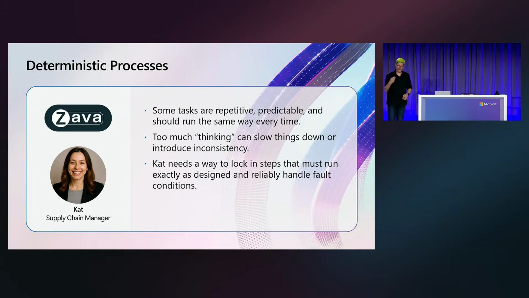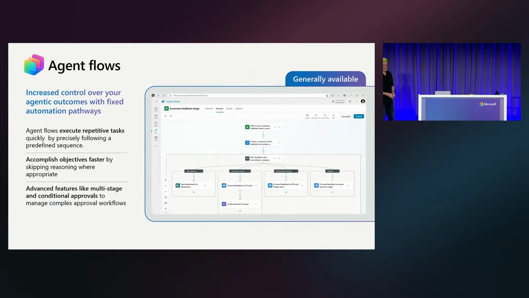Now, the other thing is that AI is great. It's very, very useful for doing non-deterministic logic. But sometimes there are things that you just want to have happen in a specific way. The same inputs create the same outputs. And that's where deterministic processes are. And these are agent flows.